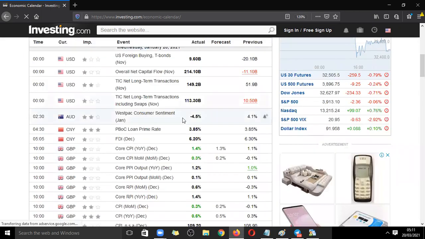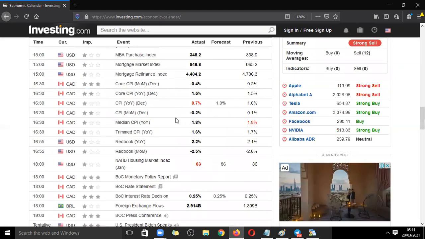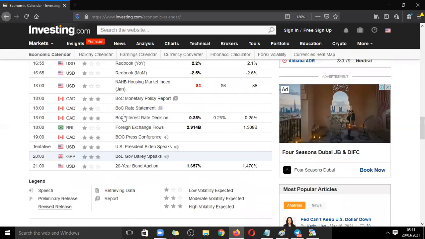It was a Wednesday, and the Bank of Canada released its interest rate decision.